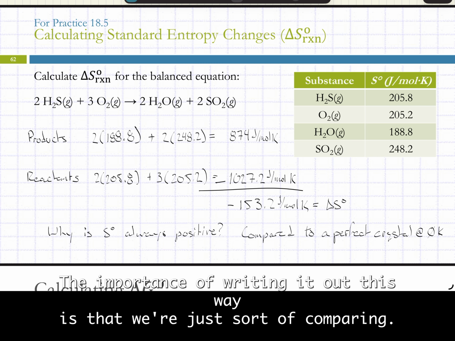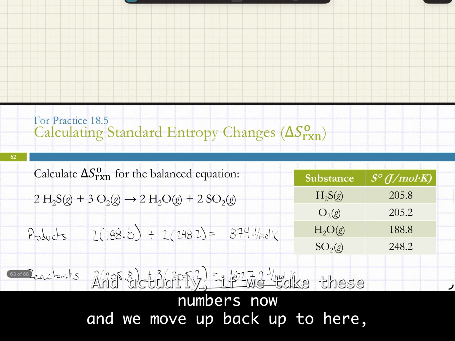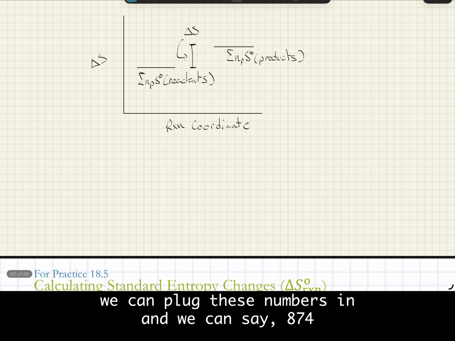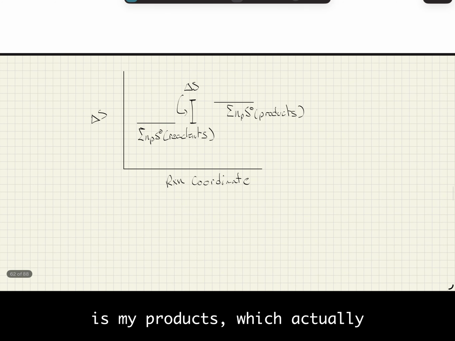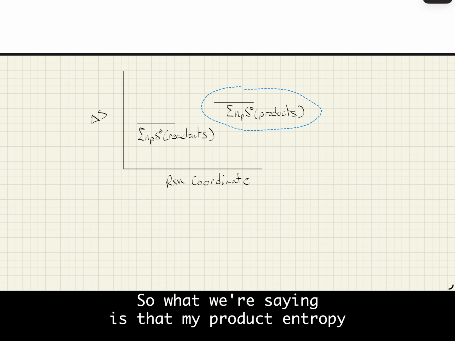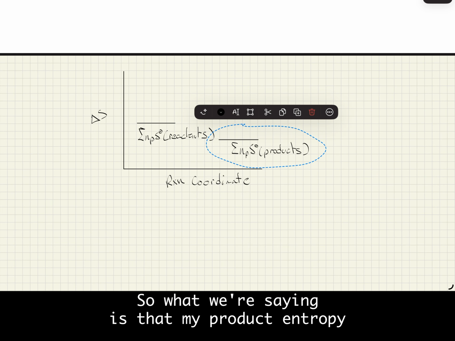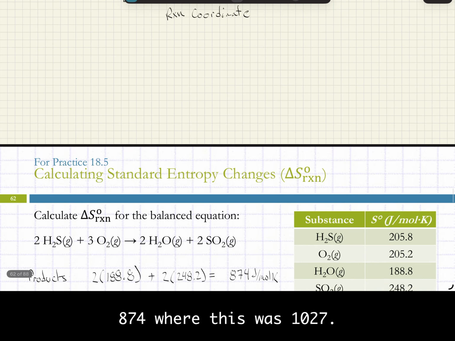So right, the importance of writing it out this way is that we're just sort of comparing. And actually, if we take these numbers now and we move back up to here, we can plug these numbers in and we could say 874 is my products. So what we're saying is that my product entropy ends lower, 874, where this was, what, 1027?